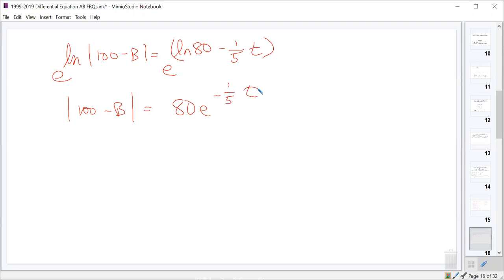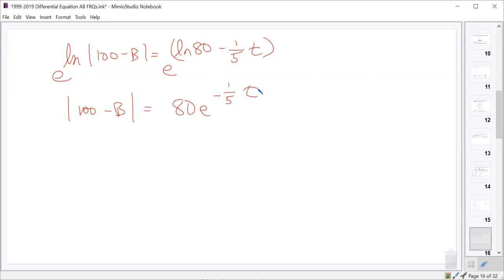We need to clear off the absolute value. If I clear off the absolute value, I could get a positive or a negative over here, right? So we have to make sure that we get the right one. Well, 100 minus b is what, with our initial condition? 100 minus 20 is 80, right? We need 80 equals 80 e to the 0. That makes sense, right? We don't want to put a negative in front of that.